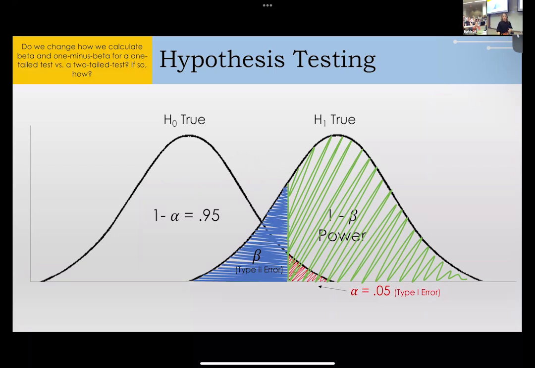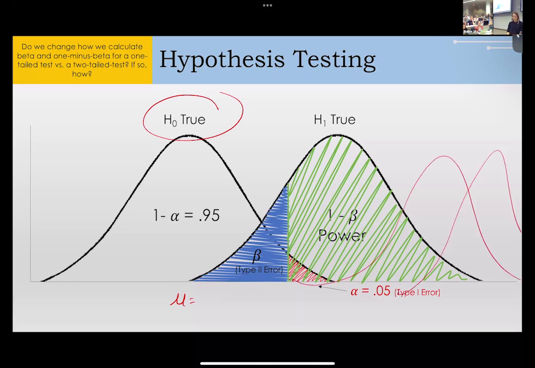But the only known reality to us is what? The null. We know the null mean, right? We don't know anything about this alternative world. It could be here. It could be here. It could be here. Heck, it could be here, right?